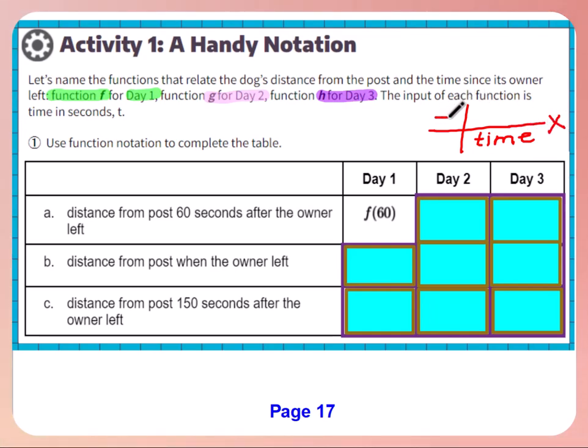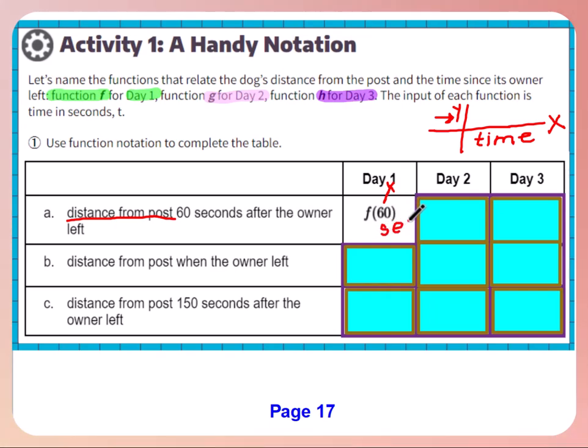And our output, or our amount of whatever it is that we're measuring, water, garbage, whatever, is going to be height, our y-axis. So this time we're talking about the distance from the post 60 seconds after the dog leaves, because our input is going to be our time. Our graphs, we're talking about how far the dog was away from the post in terms of seconds.